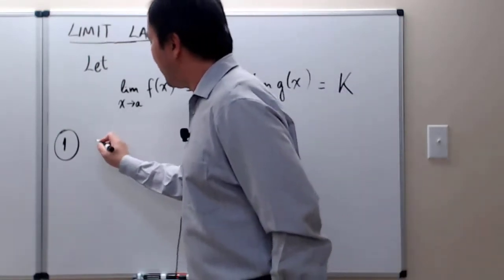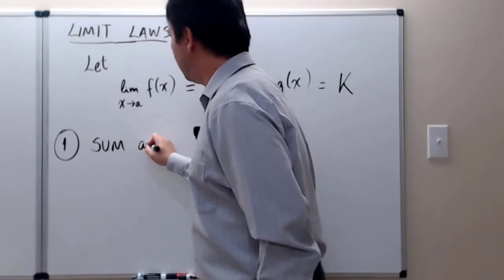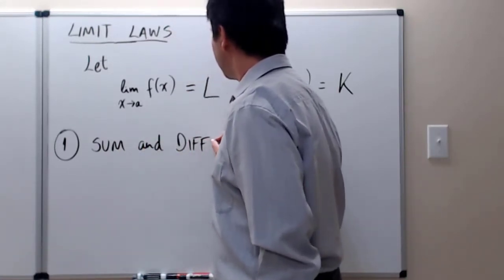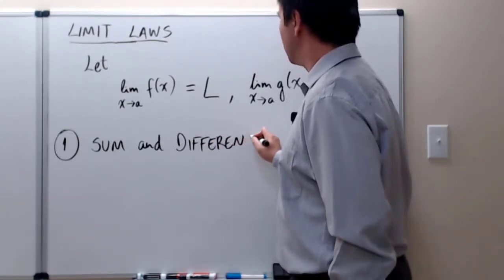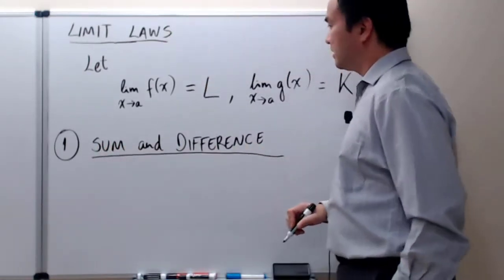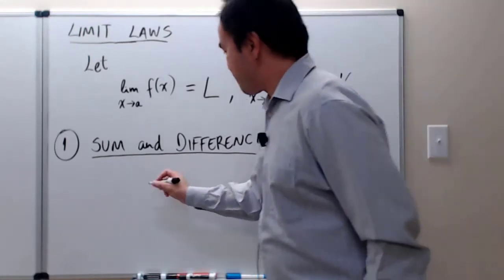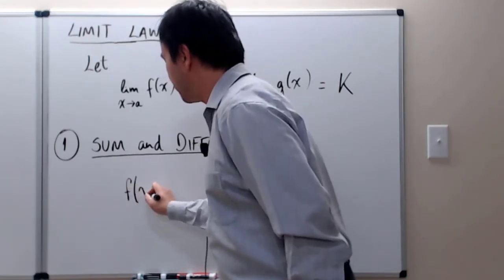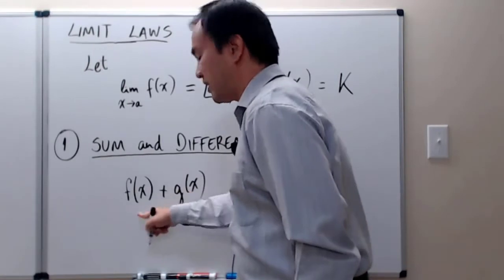Law number 1, as far as the name, is the sum and difference law, or sum and difference rule. The idea is that sometimes our function comes from two functions, f of x and g of x, being added together as a sum.